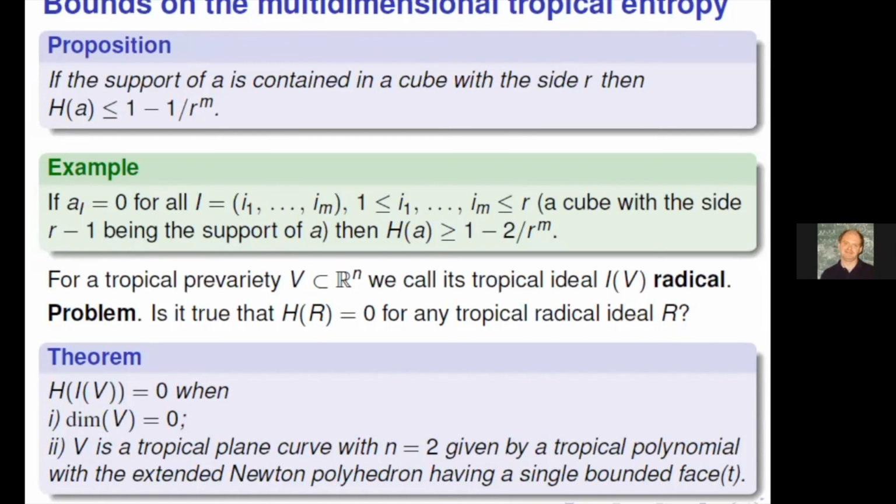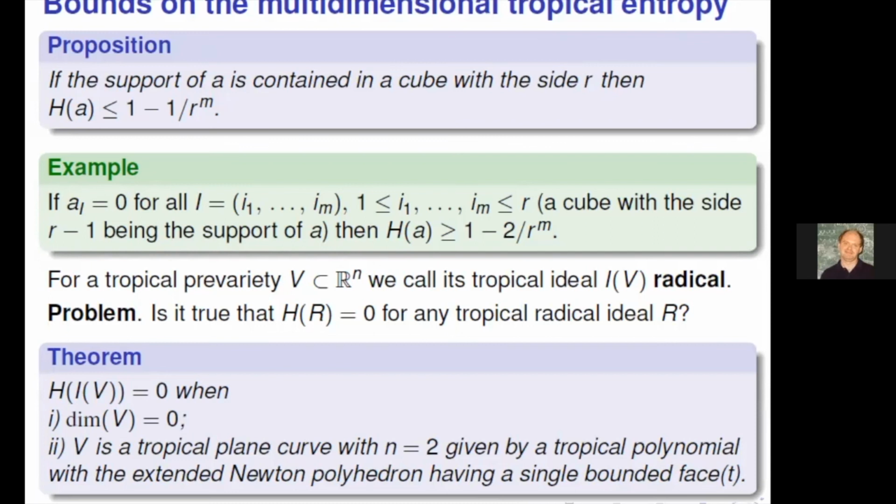Actually, I have extended this to what I called holonomic tropical recurrent sequences. They correspond to linear differential equations with polynomial coefficients, and here also the entropy appears.